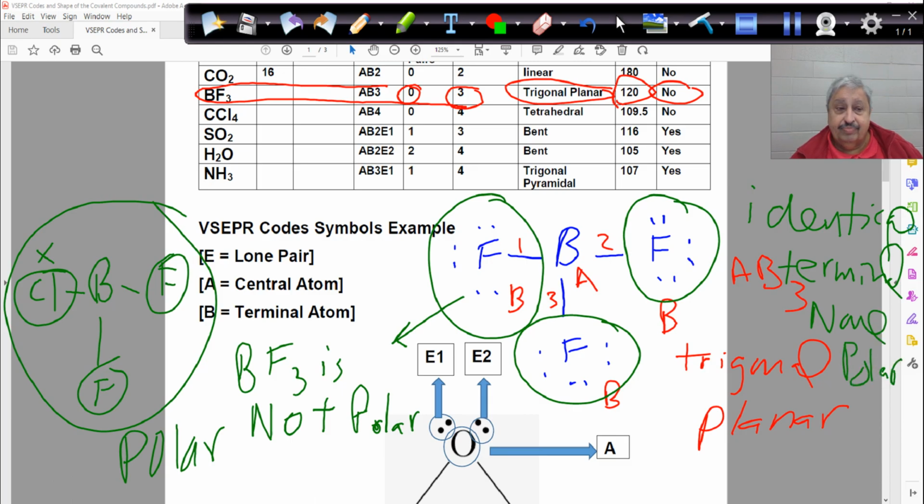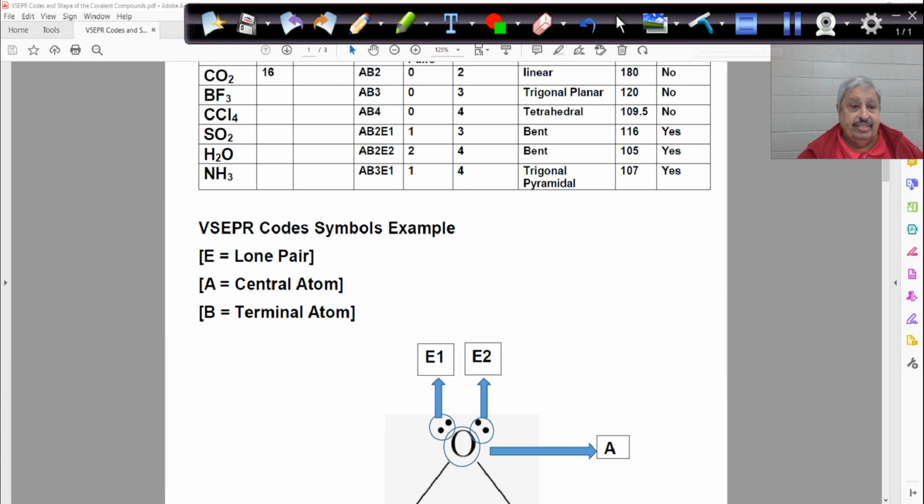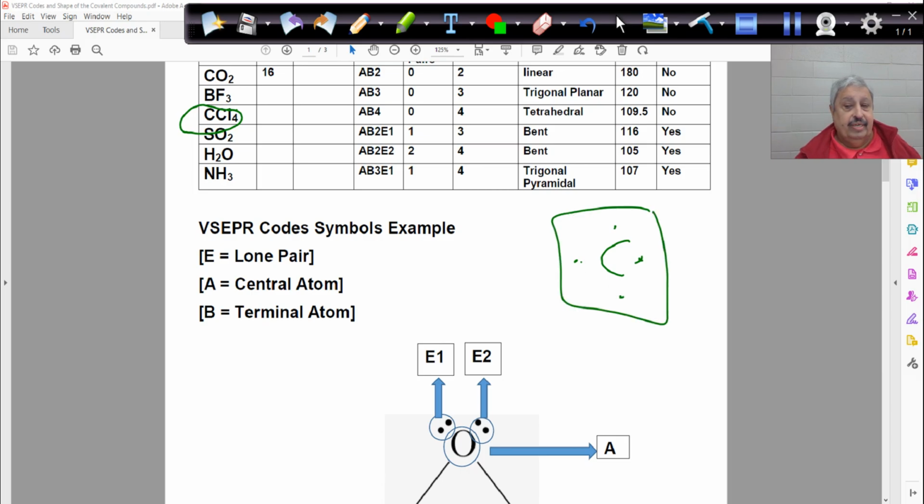Okay, guys. Let's take CCl4. Carbon has 4 valence electrons. Chlorine, we have 4 of them. Chlorine is 7.